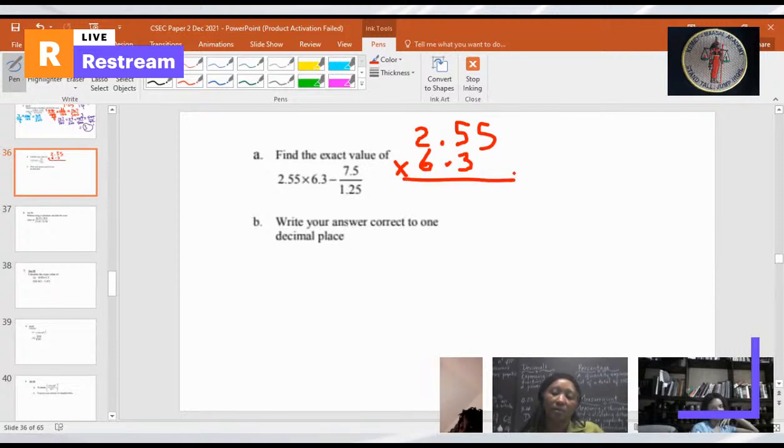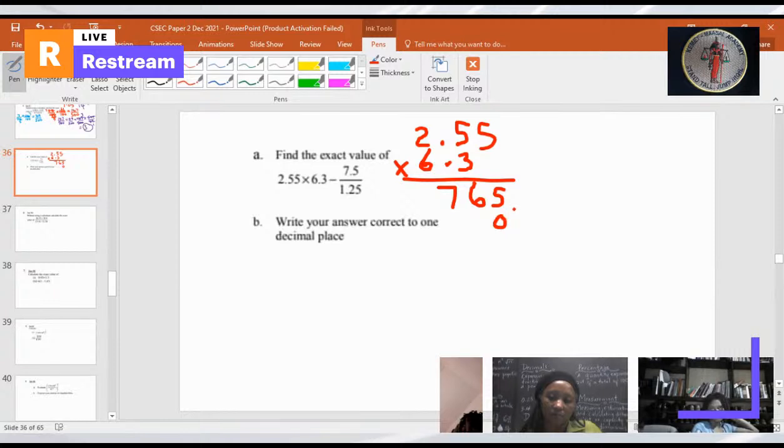So we're going to say 3 times 5 is 15, so we'll put down the 5, carry the 1 to the other 5. 3 5's are 15 and 1 is 16, so you put the 6 and carry the 1. 3 times 2 is 6, plus 1 is 7. I'm going to put a placeholder for the 6.